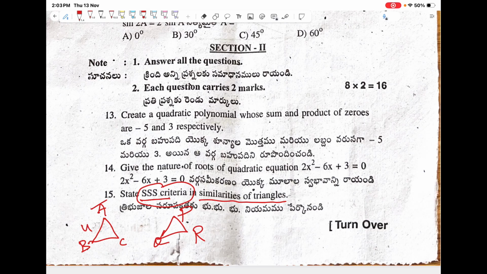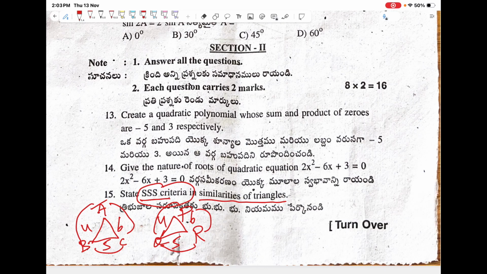For example, AB is 4 centimeter, BC is 5 centimeter, and AC is 6 centimeter. Same 4 centimeter, 5 centimeter, 6 centimeter. Now you can observe AB, BC, AC and PQ, QR, RP. These three corresponding sides are equal.